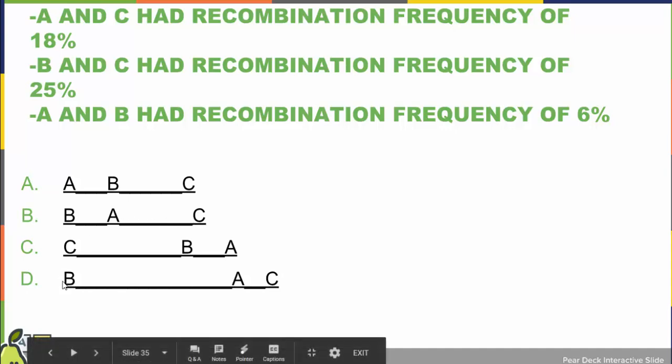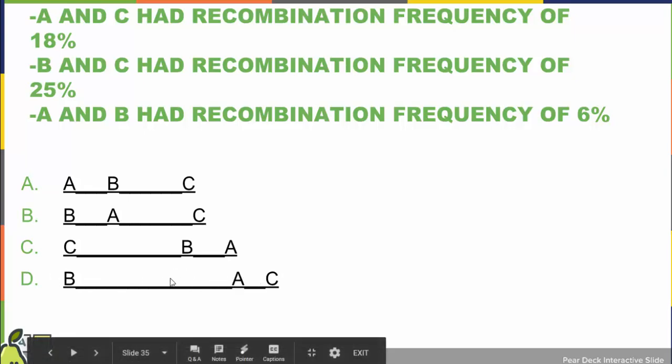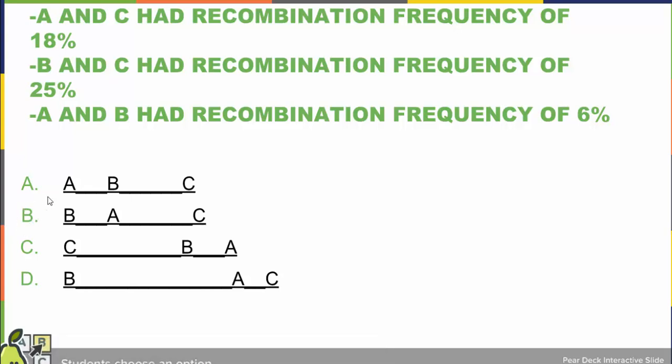And if we look at choice D, that one has A and C being close and A and B being far apart. So choice B is going to be correct because it has the shortest distance between A and B, the next shortest distance between A and C, and then the largest distance between B and C. So choice B is going to be correct here.